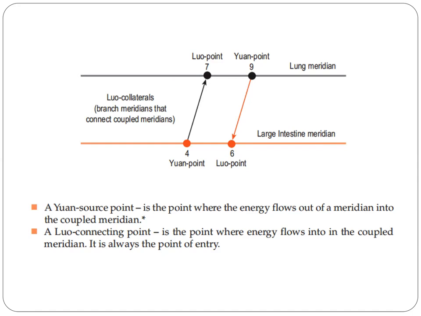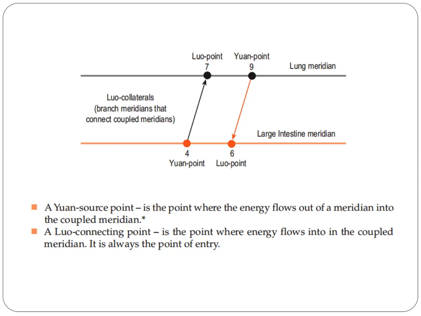Okay, so again, LI4, yuan point of the large intestine. This will flow out into the lung meridian, specifically the entry point, which is the luo connecting point. So in this case, it's lung 7.